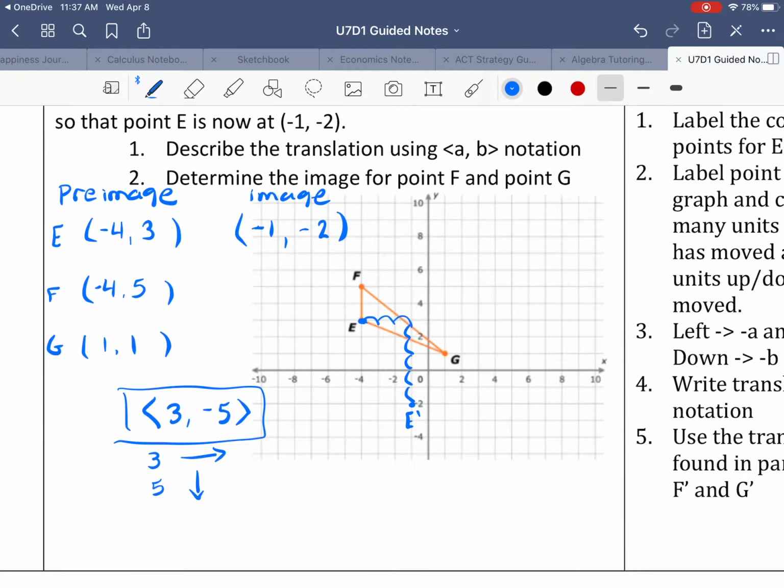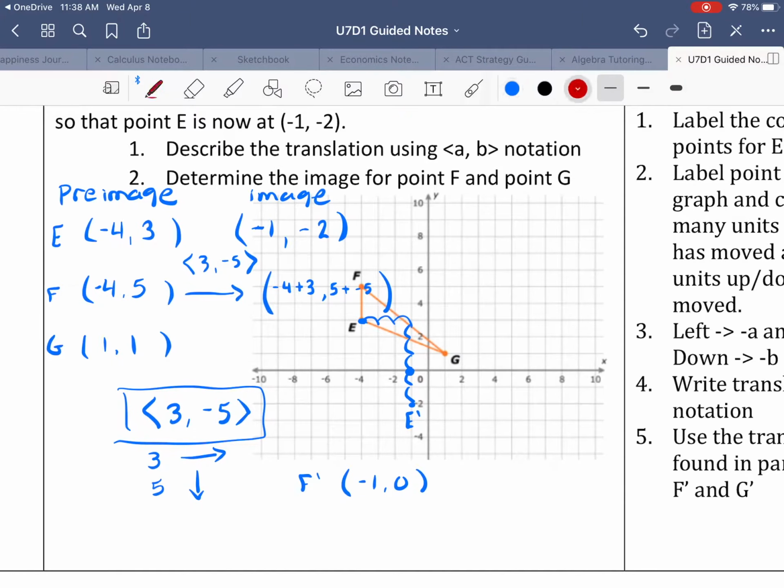It's right here. Now what we can do is apply that rule to our coordinate points for the pre-image F and G. So here, if we use 3, -5, we're going to do -4 plus 3, 5 plus a -5, which means our F prime is going to be -1, 0.